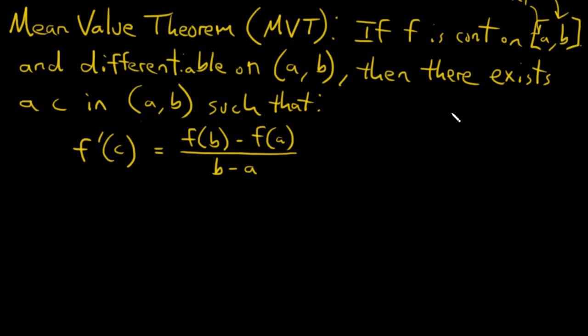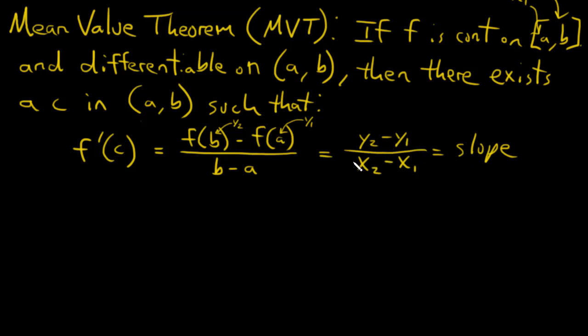Then f of a is y1 and f of b is y2. So if I rewrite this, it becomes y2 minus y1 over x2 minus x1. What is this? Well, this is the slope formula. This is rise over run.